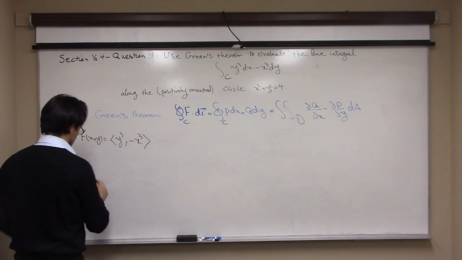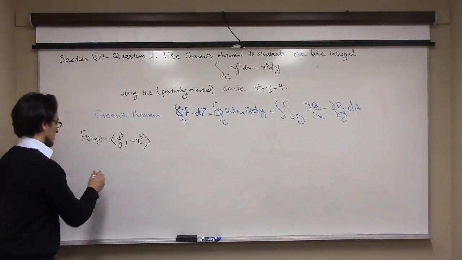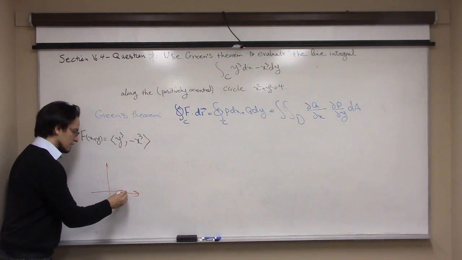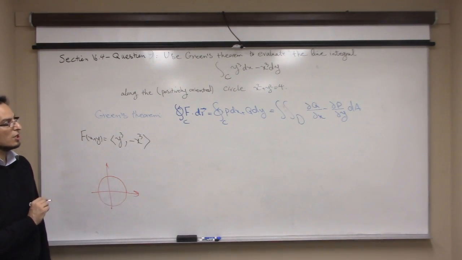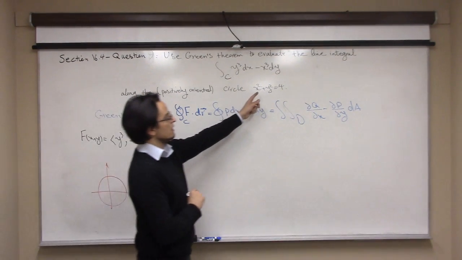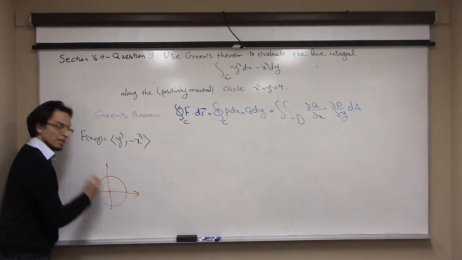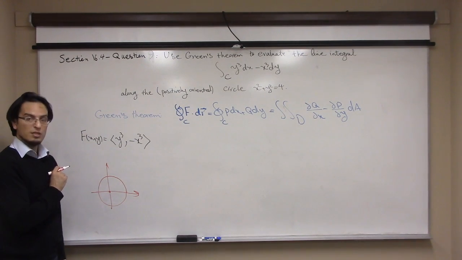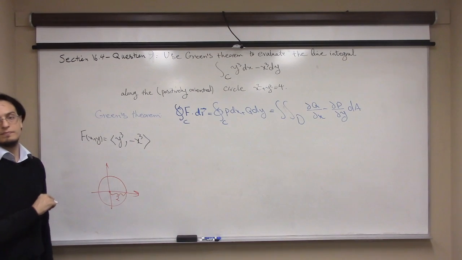What about the curve? It is the circle given by this equation. That equation says that the center is 0, 0, so it is the origin, and the radius is 2.